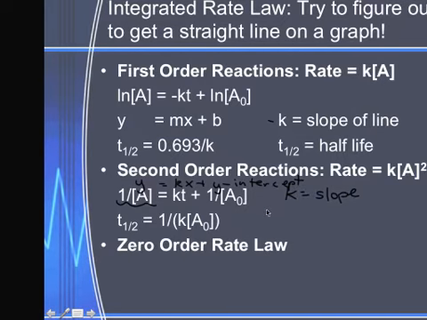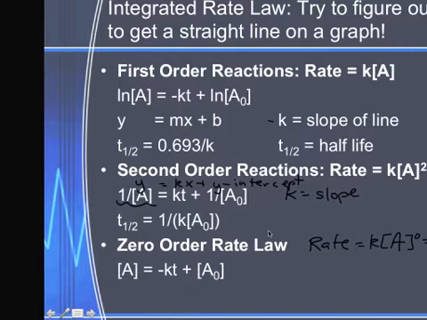Now, a zero-order rate law means that the rate doesn't have anything to do with that substance. So we could write it this way, that the rate equals k times the concentration of A to the 0 power. But any number to the 0 power is just 1, so our rate is just k, not k times A to the anything.